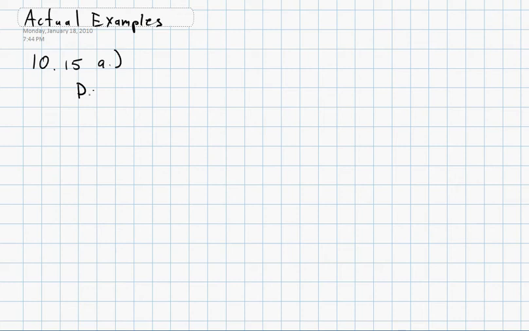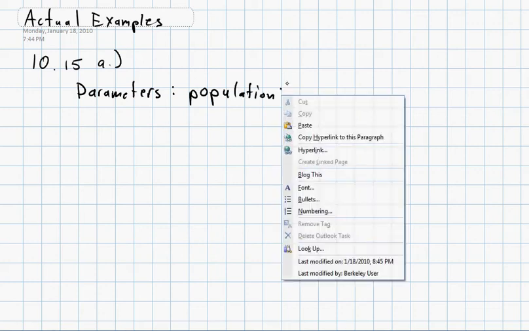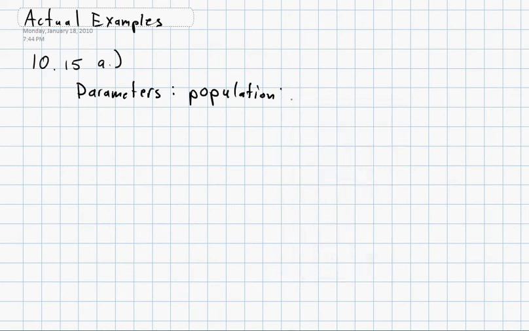So our parameters, first of all, our population. The population in this case are high school students that take the SAT a second time.